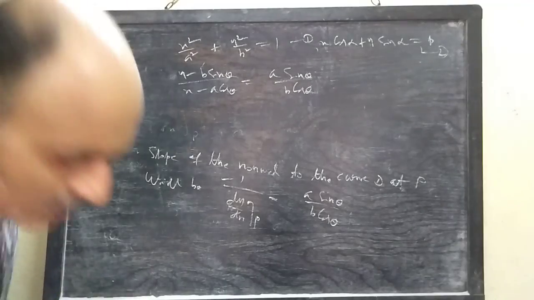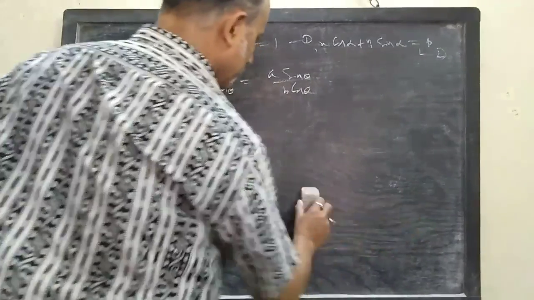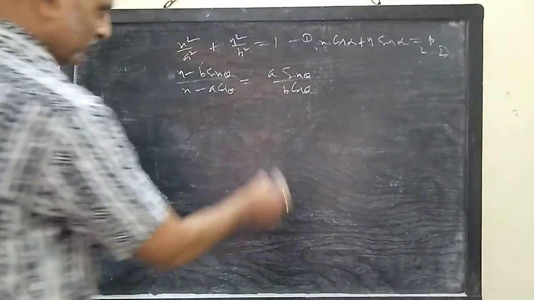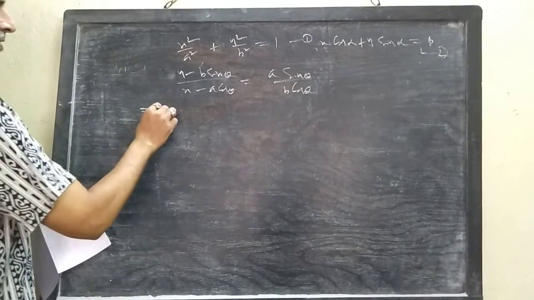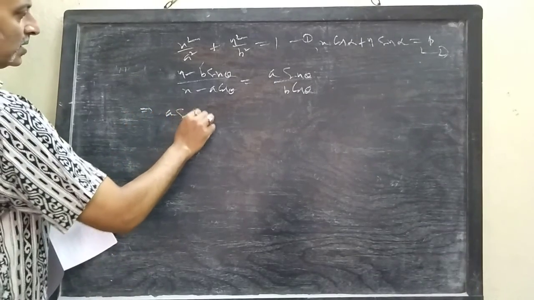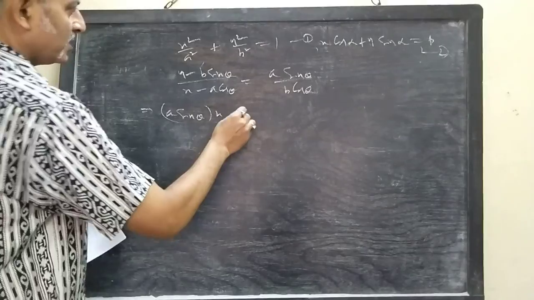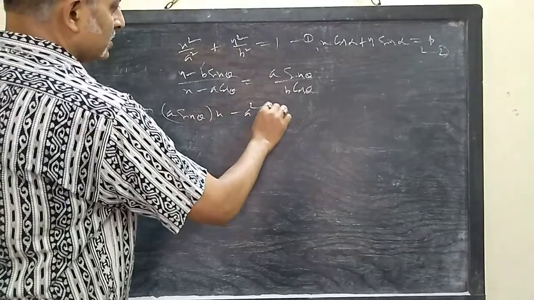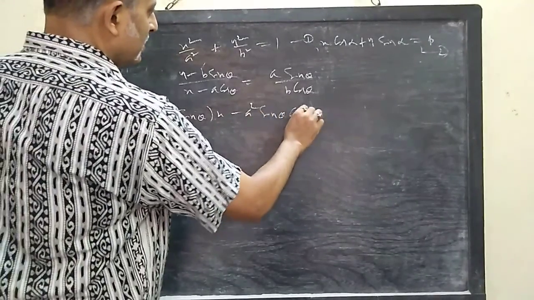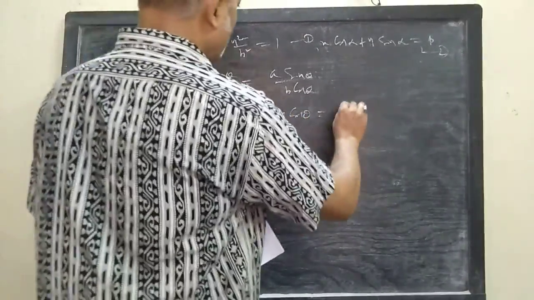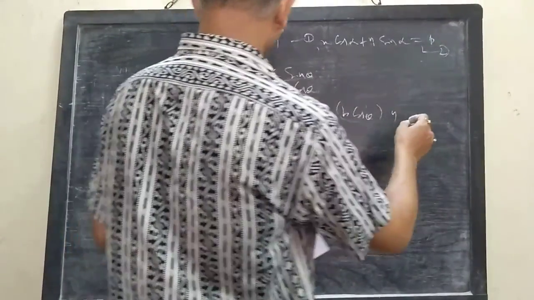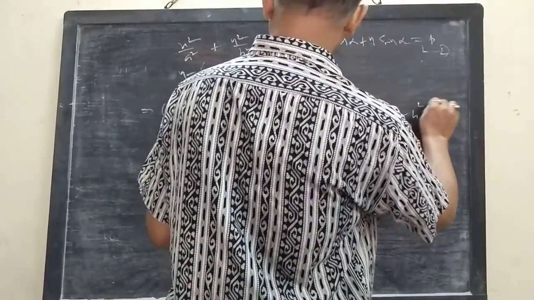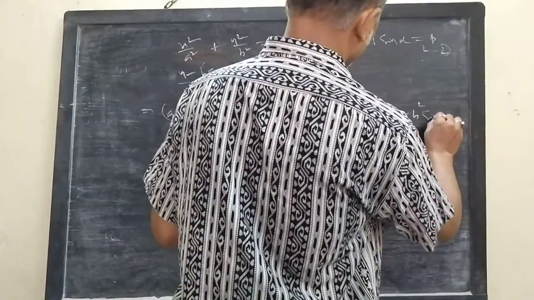Do cross multiplication, you get a sin theta into x minus a square sin theta cos theta is equals to b cos theta into y minus b square sin theta cos theta.